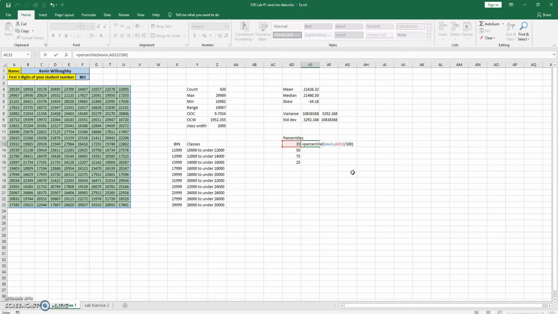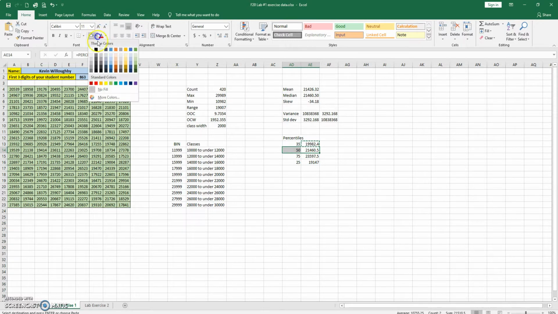Close the bracket, and there is the percentile. If we copy these down, we have the percentiles for all four values. You should note right in there, let's make that yellow to help it stand out, this is the same as the median. The 50th percentile and the median are the same values.